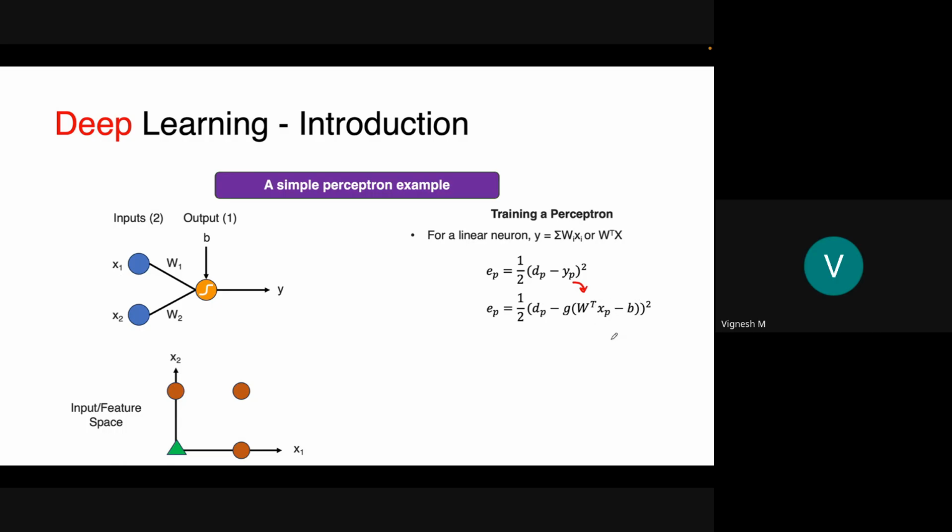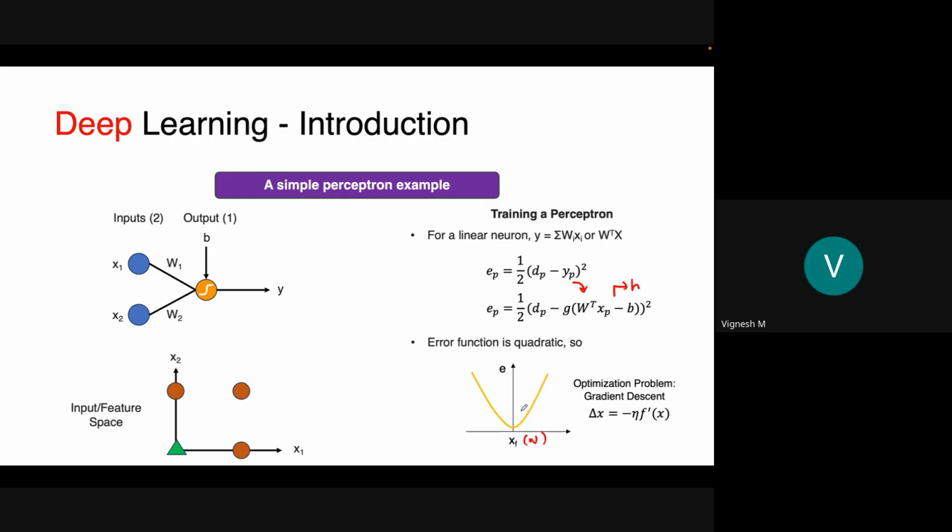If I take this to be h, then yp is g of h. Now we know that this error function is quadratic in nature, which means it looks something like this, where this is not the same x as the input space X. In our case, this is our parameter space W.